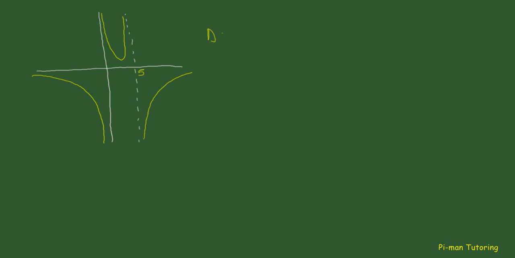Well, domain is all the possible values of x in curly brackets. So x belongs to the set of real numbers such that, now we can see that we have asymptotes at 0 and at 5. So we can write x is not equal to 0, or, we want an or.